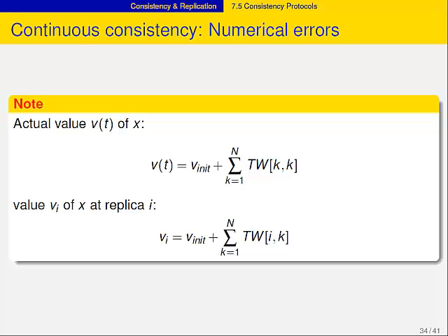Yes? The initial value plus all the writes that happen at k. No. Sum of all writes. So you have a list of writes that happen at k, and that sum you add to the initial value and then you get the value at that time.